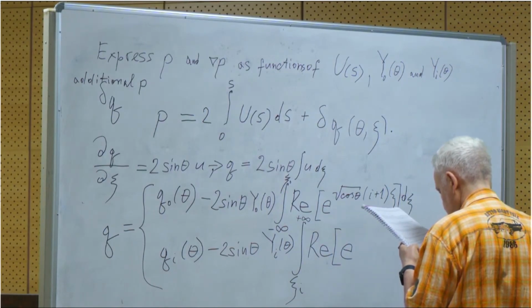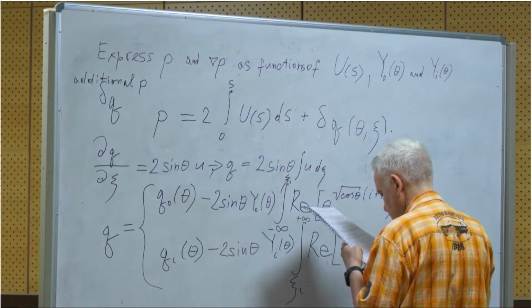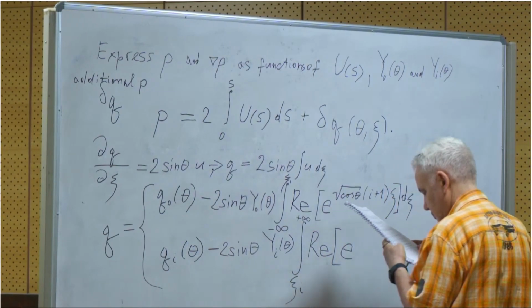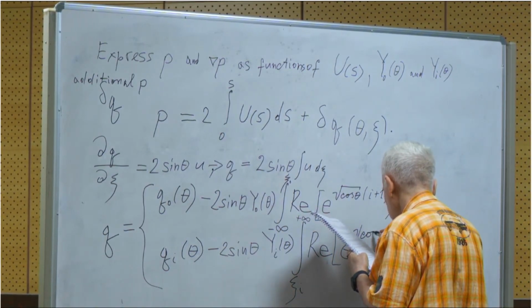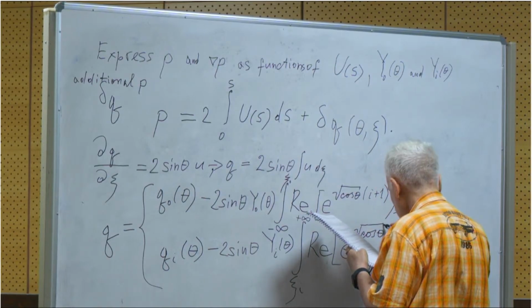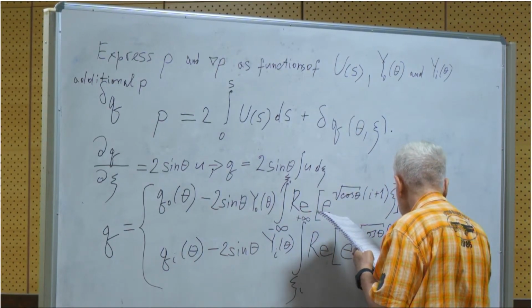The exponent has square root of cosine theta, and here we have I plus 1.